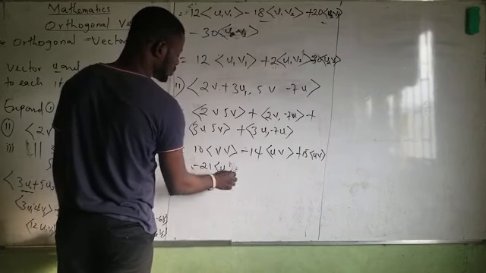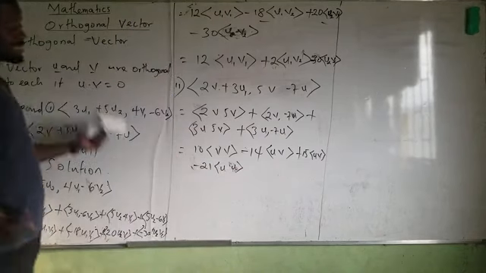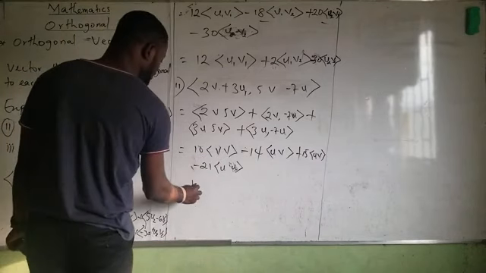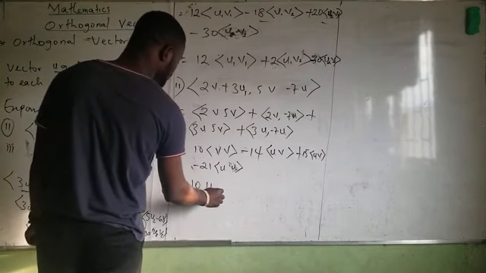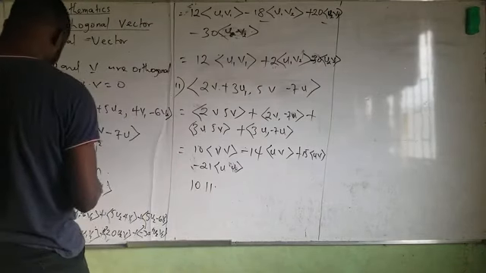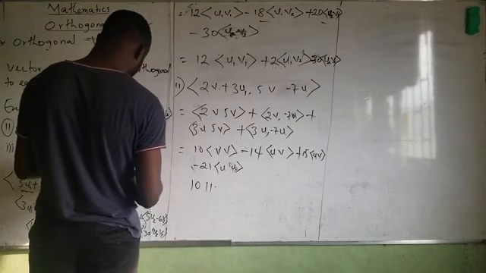Now that is what I was telling you then. Now, can you see that this is equal to, it means I'll be having norms. Hope I'm not making a mistake. Yes, I'm not making a mistake.